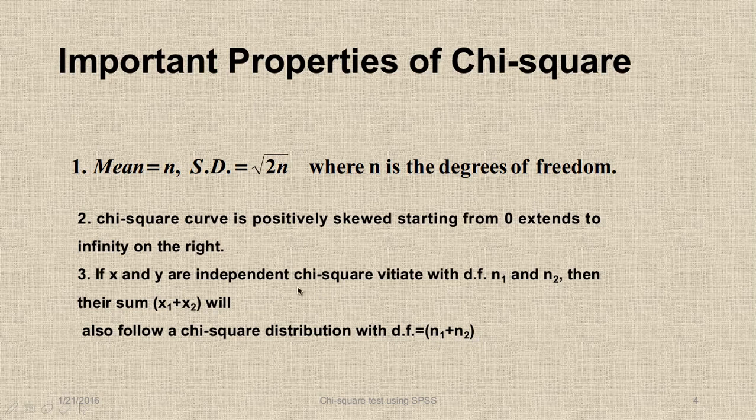This can also be applicable when we are taking the difference of the two variables, x1 minus x2, which will also follow a chi-square distribution, obviously with degrees of freedom n1 minus n2.